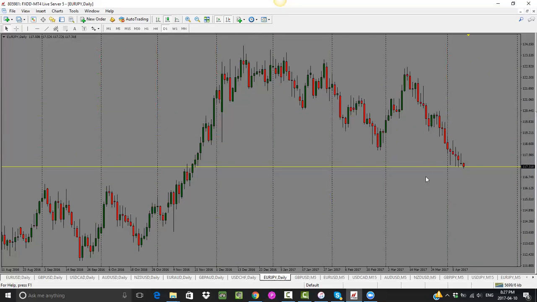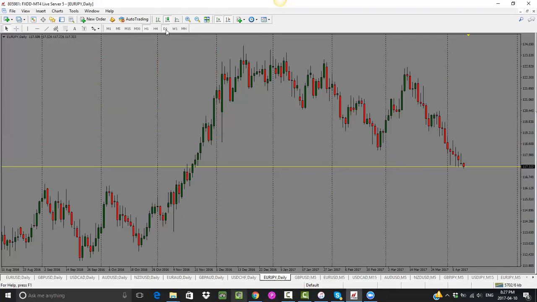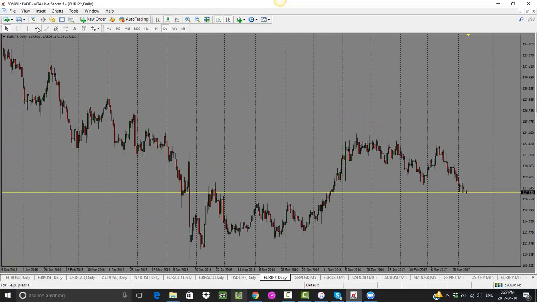Okay, so Euro Yen here, this has been interesting. We are sitting right at the bottom, and if it breaks here, yen is again driven by risk right now.